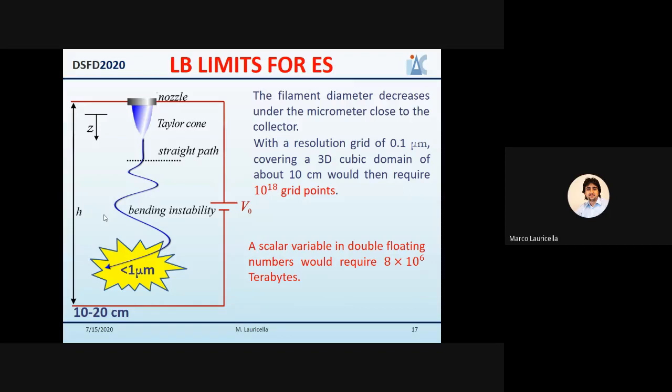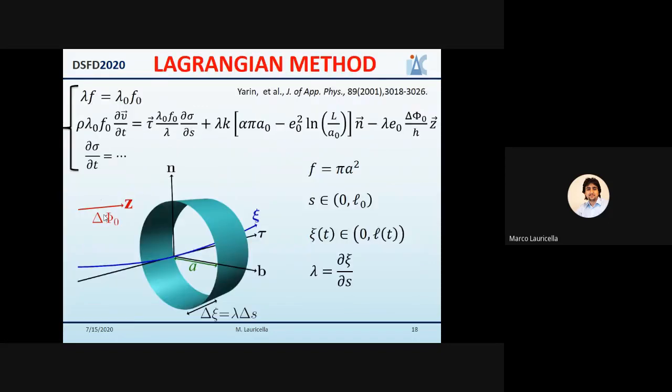It means that LB cannot be used easily to model the jet close to the collector. As a consequence, we introduce the Lagrangian method.